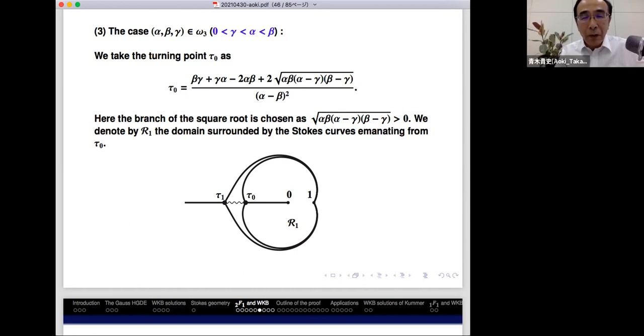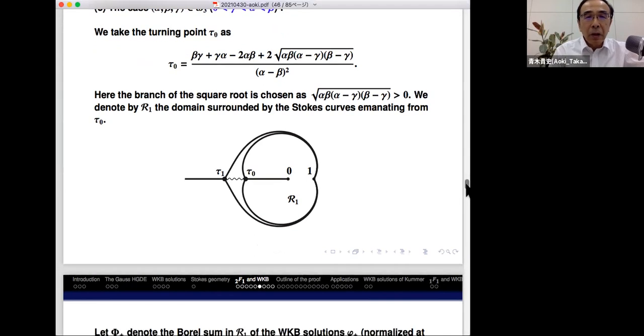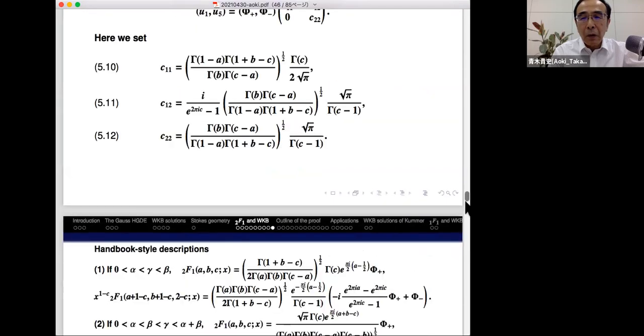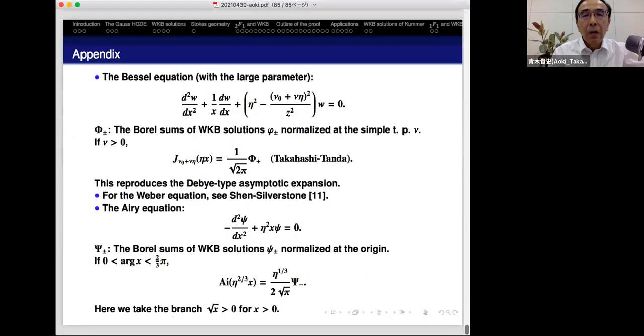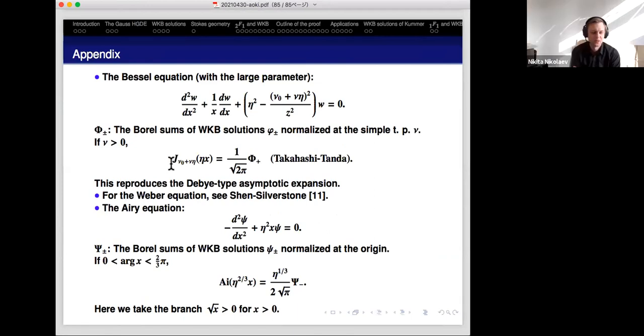Of course, it's a very interesting problem, and at least for the confluent family of the Gauss hypergeometric equation, we have an almost complete dictionary, as far as the parameters satisfy some generic conditions. For example, the Bessel equation is written in this form.